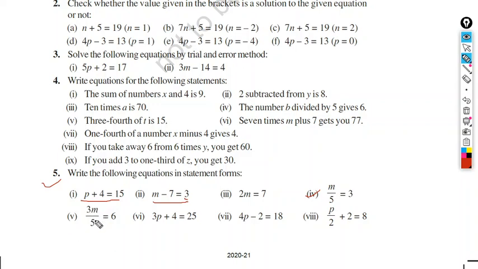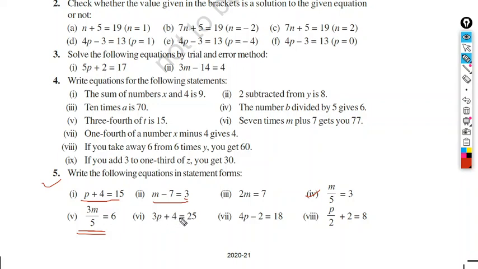Similarly, 3m by 5 equal to 6. What you can say about this? You can write 3 times m divided by 5 to get 6. Here 3m means 3 times m. 3 times m is divided by 5 to get 6.